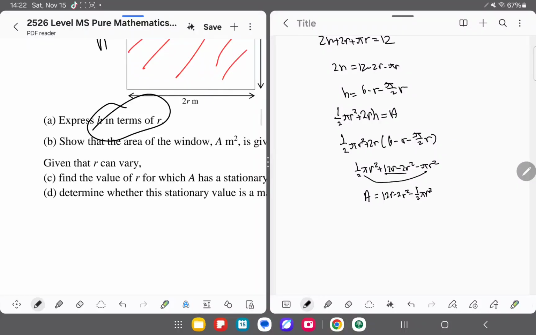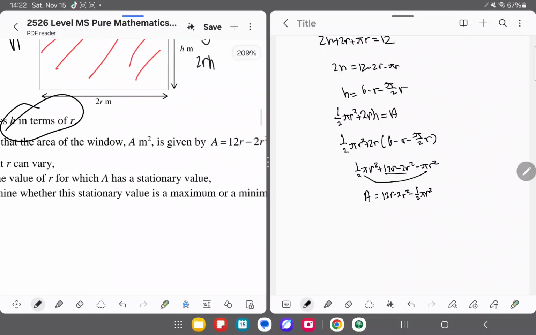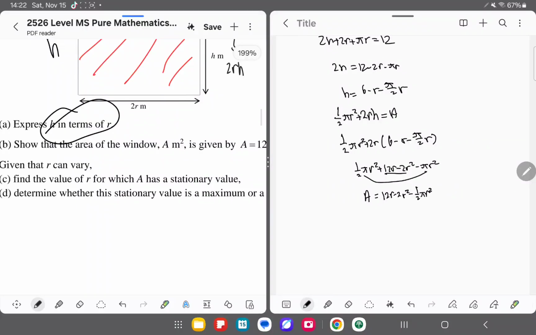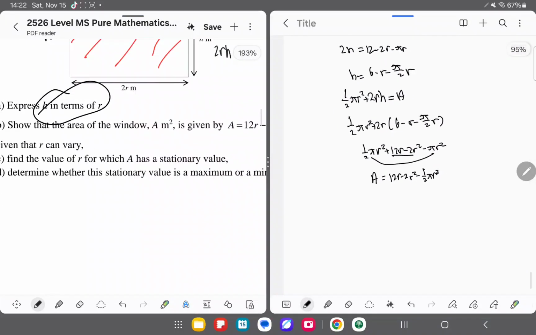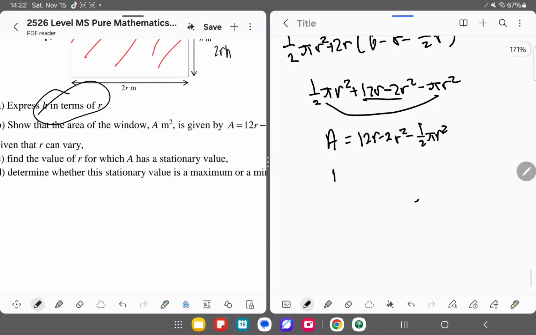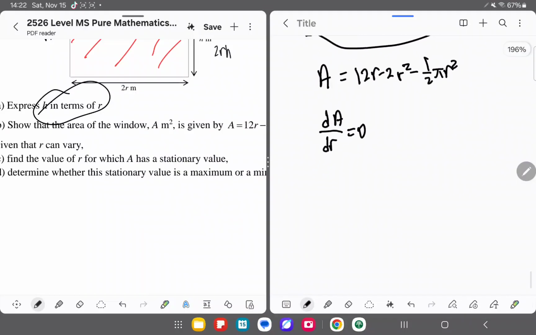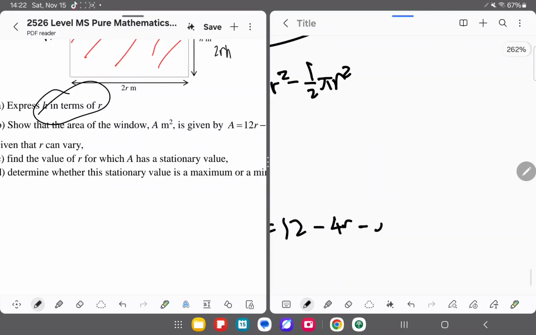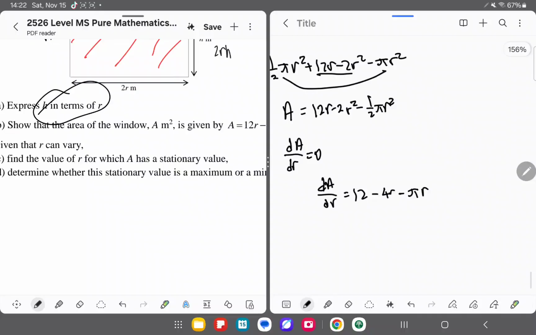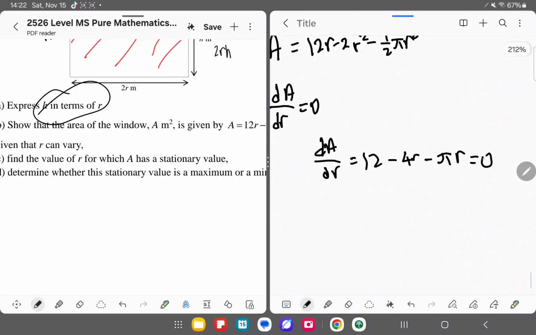Given that r can vary, find the value of r for which A has a stationary value. Now to get the value of r, which is a stationary value, we have to derive the area with respect to r, and then we have to set the derivative equal to 0. The derivative originally is dA over dr equal to 12 minus 4r minus pi r, and then we must set it equal to 0.